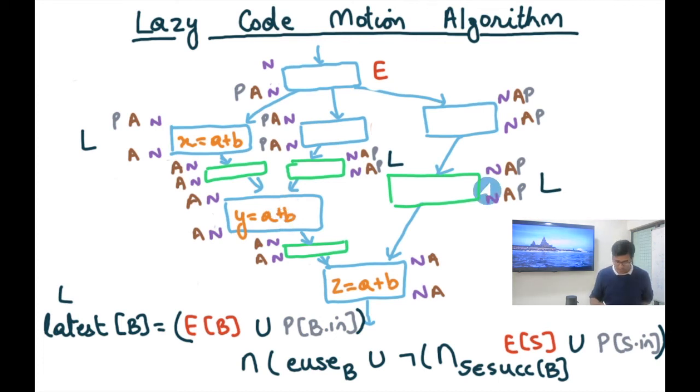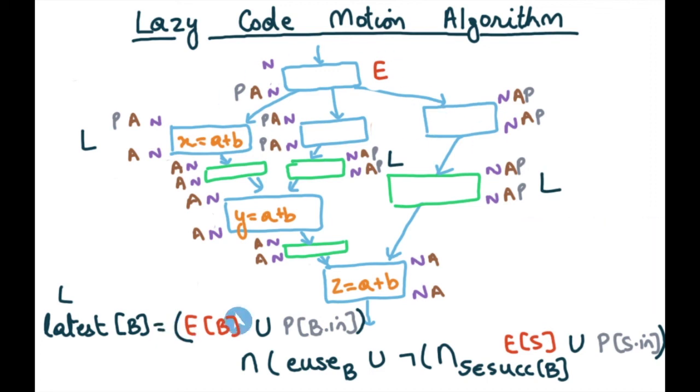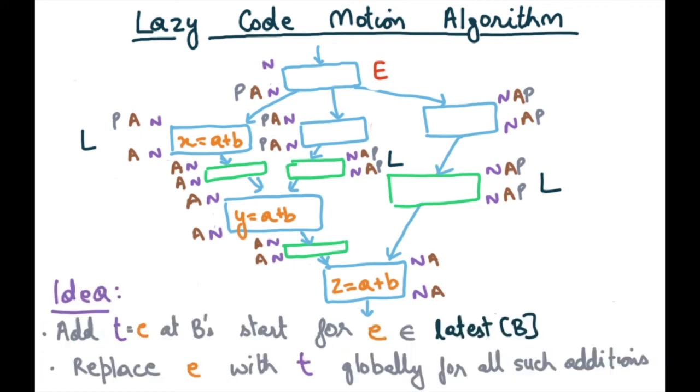Similarly, it's postponable here, but for some successor it is neither earliest nor postponable, and so this is latest. Whereas all other basic blocks do not satisfy this equation for the expression A plus B. And so we have three basic blocks in this example where we can compute A plus B in a latest way without adding any redundancy.